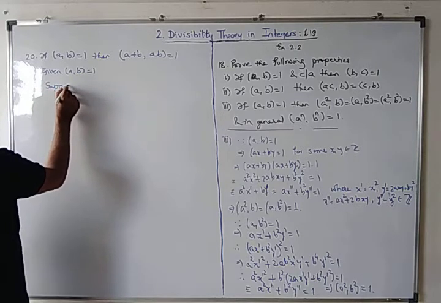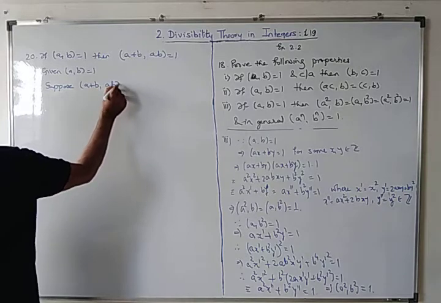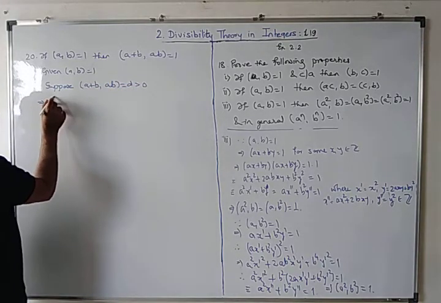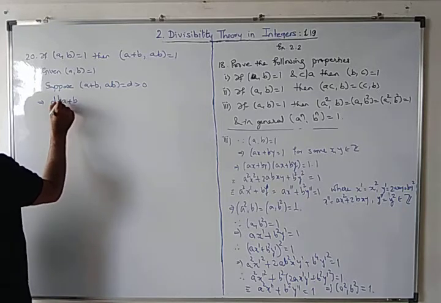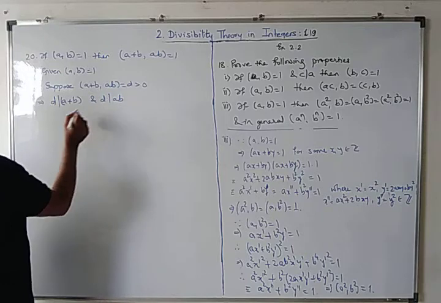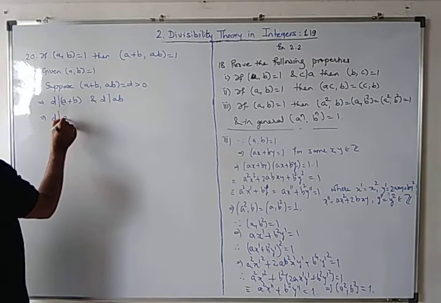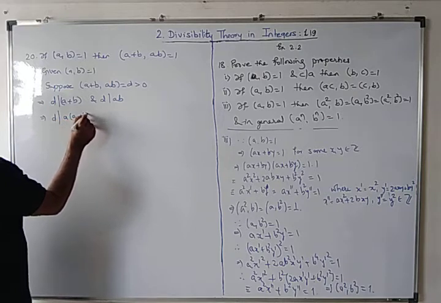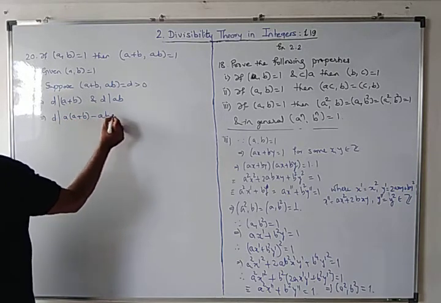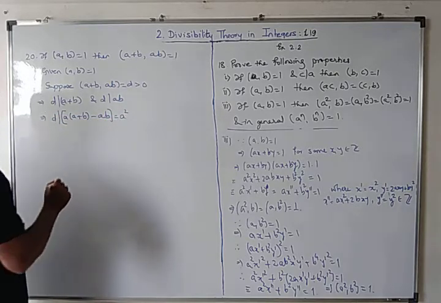Suppose GCD of a plus b and ab is equal to d greater than 0. Implies d divides a plus b and d also divides ab. Implies d divides a into a plus b minus ab, which is equal to a square.